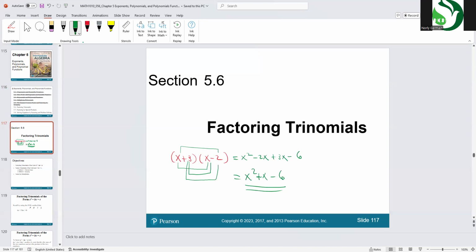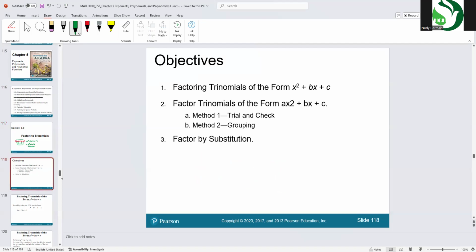Taking a close look at how x plus 3 and x minus 2 are multiplied suggests a pattern for factoring trinomials. So that's exactly what we're planning on doing here: develop techniques on how we can factor trinomials of the form x squared plus bx plus c.